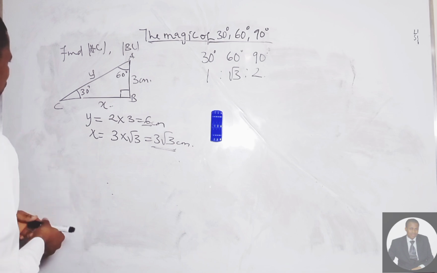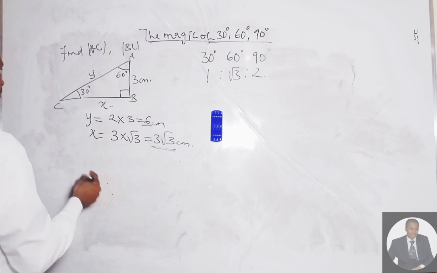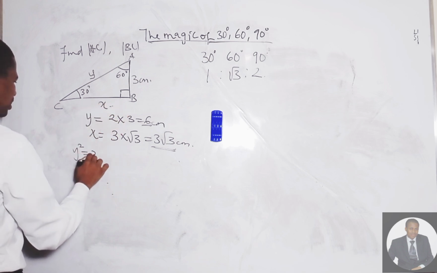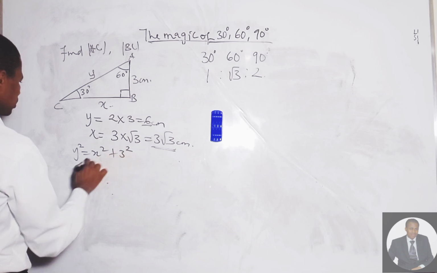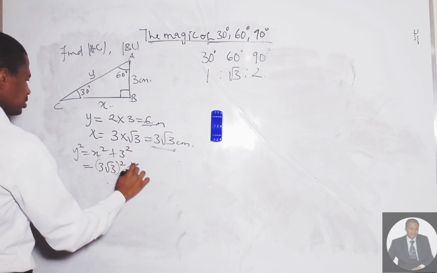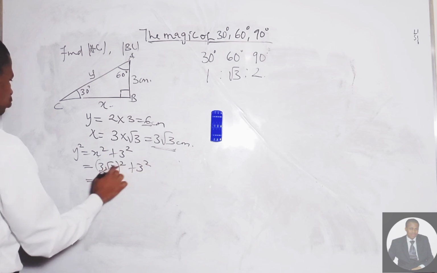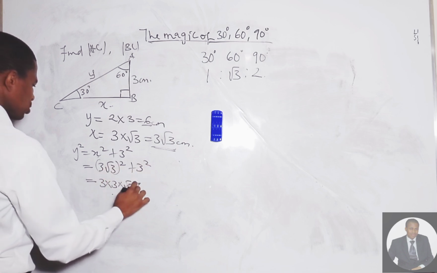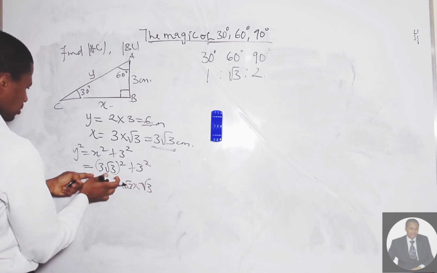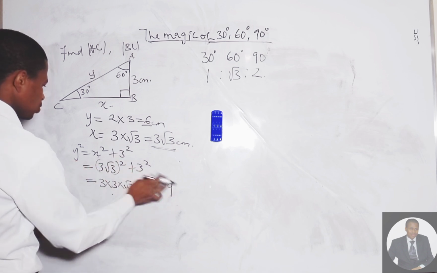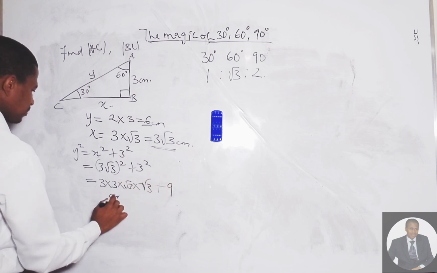Well, let's see whether we are right. How do we prove if we are right or not? Okay, y squared will be x squared plus 3 squared. X squared is 3 root 3 squared plus 3 squared. Now 3 root 3 squared is 3 times 3 times root 3 times root 3. That's the meaning of 3 root 3 squared. Then plus 9, 3 squared here. 3 times 3 here is 9.